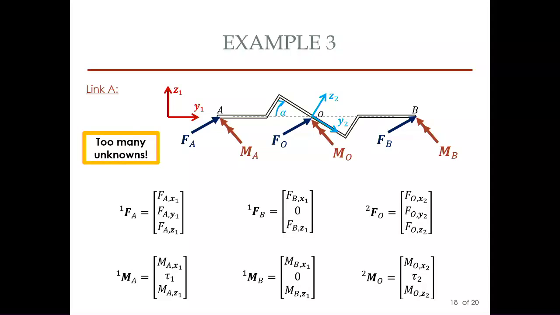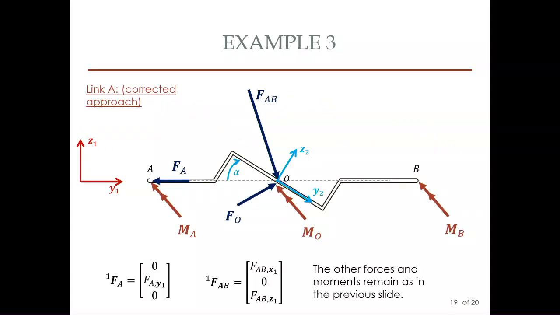Okay, so just to sum up this example, if we combine FA and FB to something like that, or let's say just 3 force constraint components, 3 in total, 1, 2, 3.